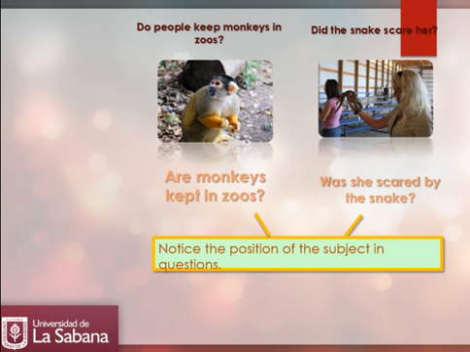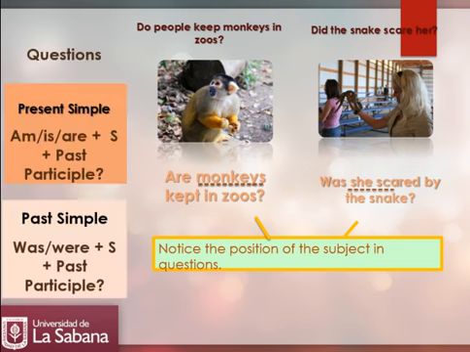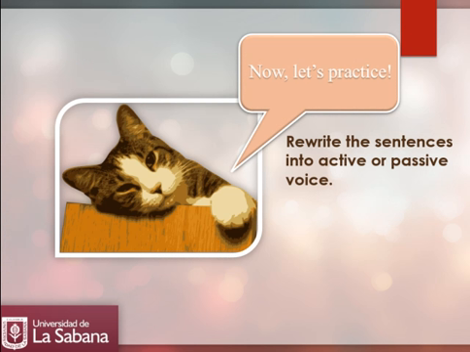So, as you have seen, the main difference between a statement and a question is in the position of the auxiliary and the subject. So the auxiliary verb comes at the very beginning of the sentence, and it's followed by the subject and the past participle of the verb.